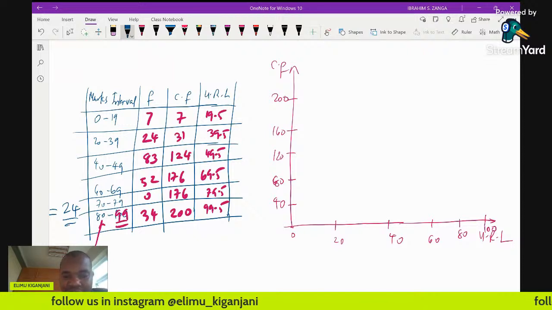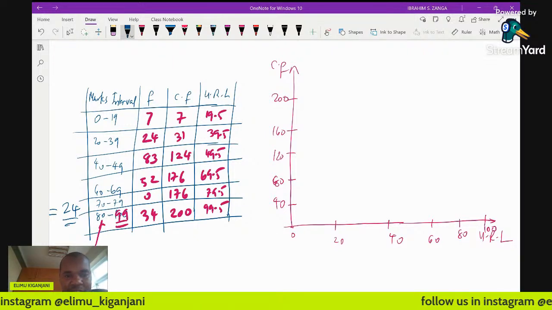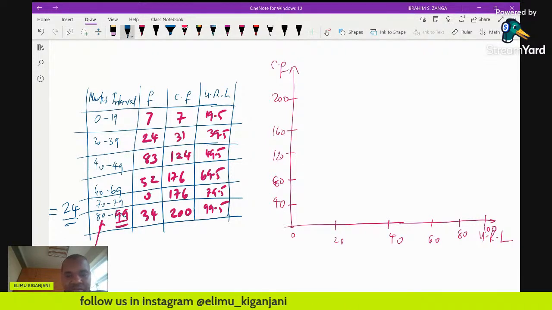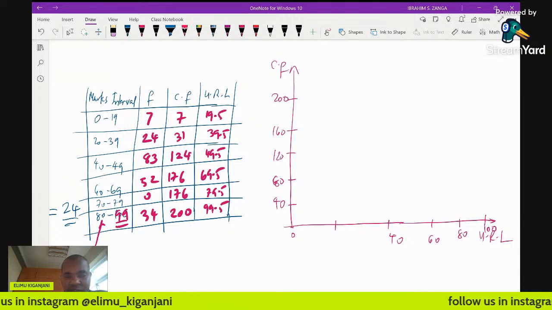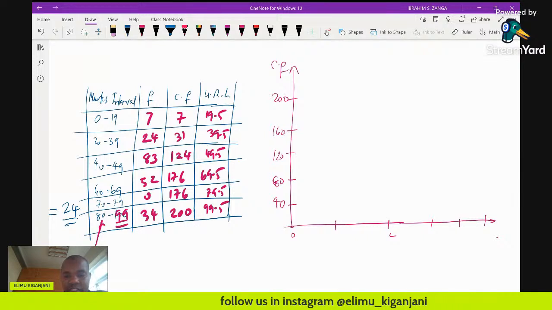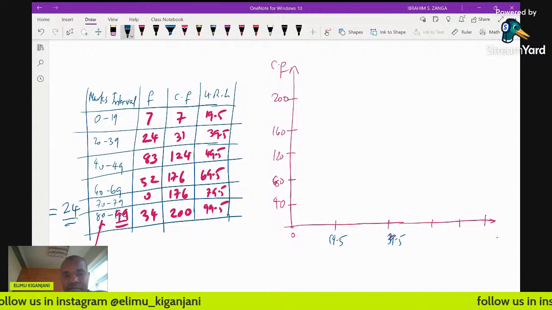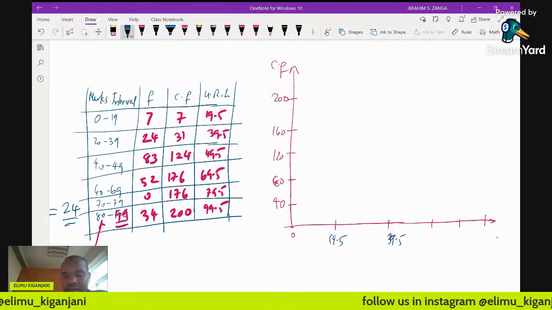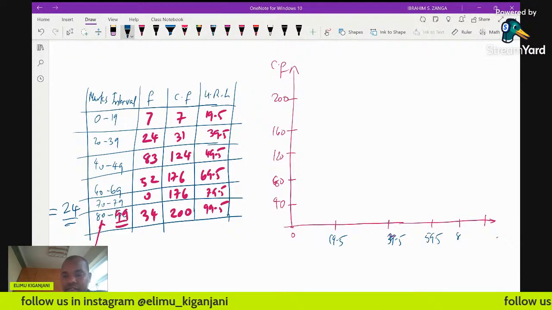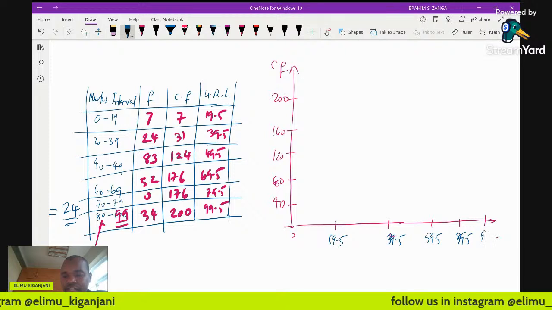So your frequency of 7, the cumulative frequency is 7, at 19.5. Sorry. So here you have 19.5, 39.5, then 59.5, 79.5, 99.5.